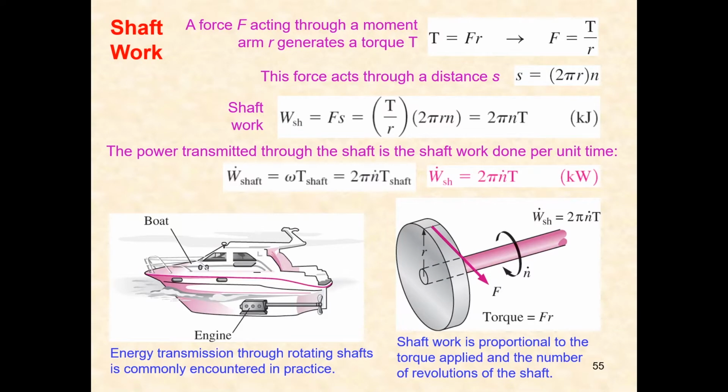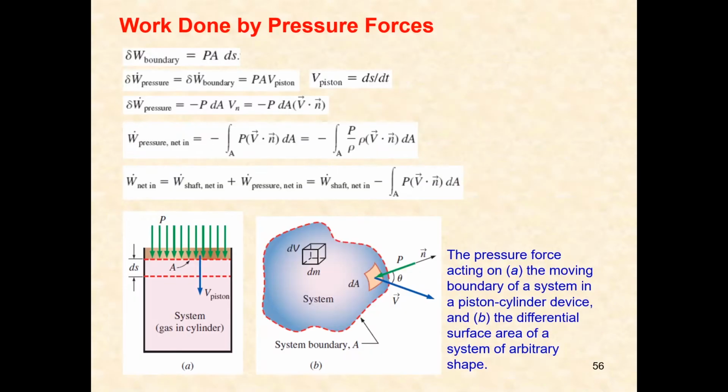This slide shows the relationship between shaft work and torque. For this syllabus, you don't have to go too deep into this because it is not really in fluid mechanics. This shows the derivation of the overall work done by pressure forces onto a system.